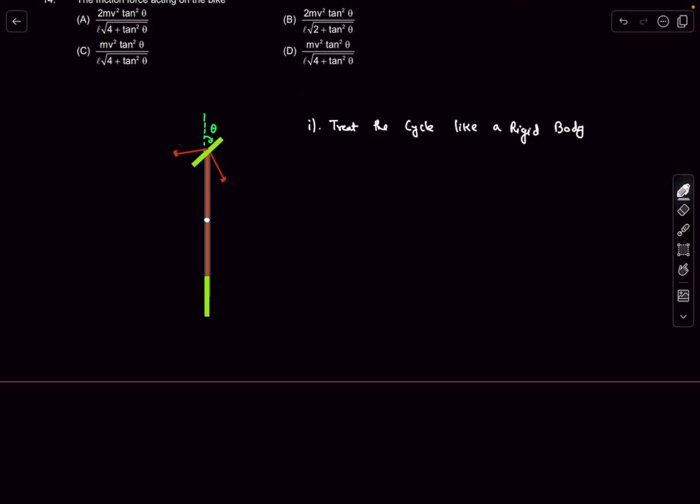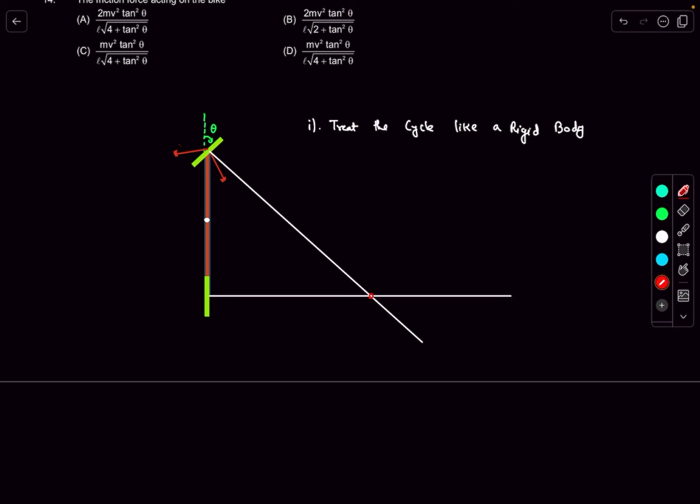If it's a rigid body moving in a plane, then we can always figure out an instantaneous center of rotation. If you observe, we know the direction in which the front wheel is going to move, right? It's going to instantaneously move in this direction. So I'm going to drop a perpendicular, and I also know the back wheel is going to instantaneously move in the forward direction. So I'm going to draw a perpendicular from the back wheel as well, and their intersection will give us the instantaneous center of rotation.